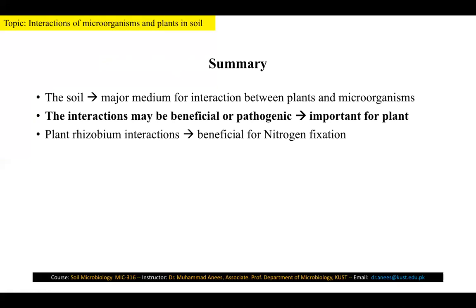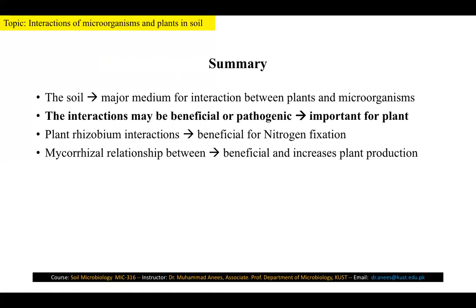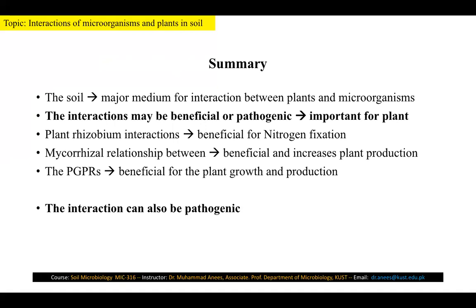One of them that we discussed is plant-rhizobial interaction that leads to nitrogen fixation in the soil. Then the mycorrhizal relationship is another important relationship between plant roots and fungi. It is highly beneficial for plant production. Then PGPRs are present in very close vicinity to plant roots. They are beneficial for plant growth and production, either directly or indirectly.